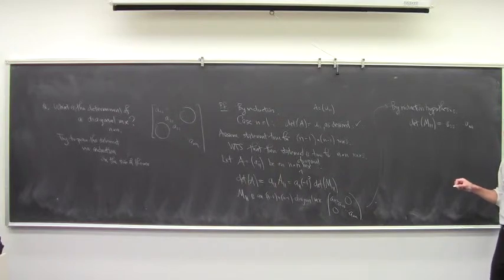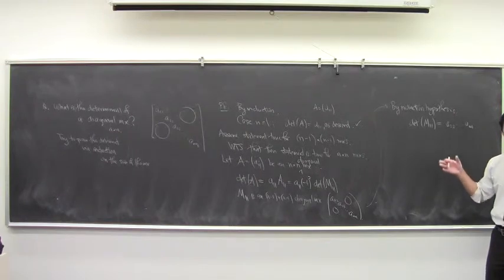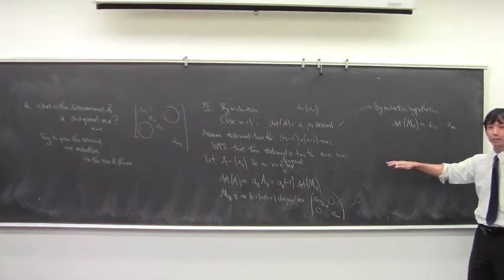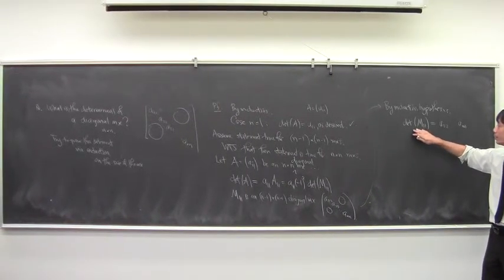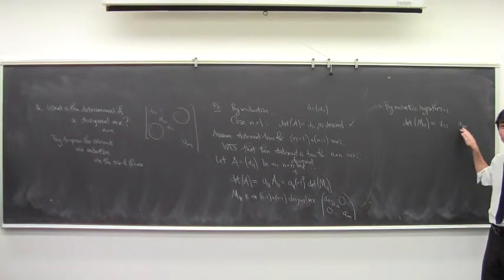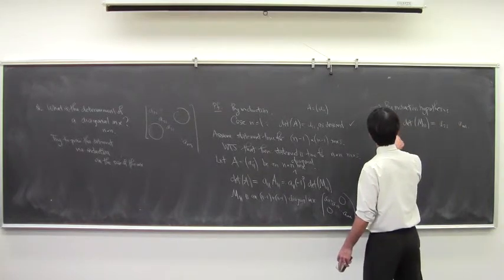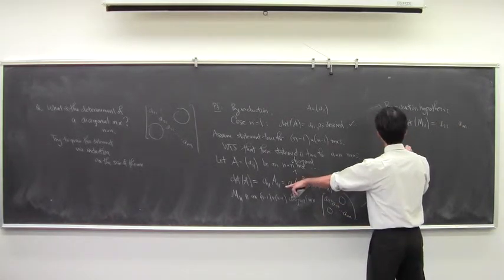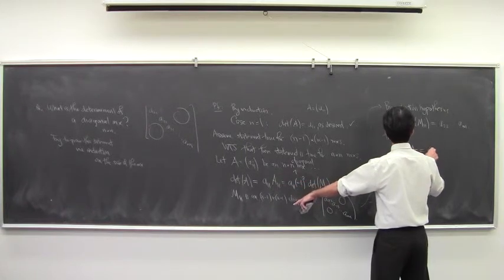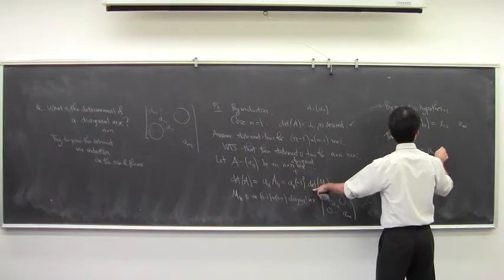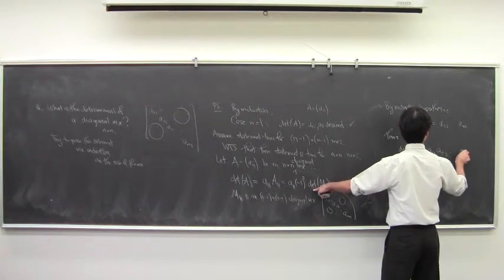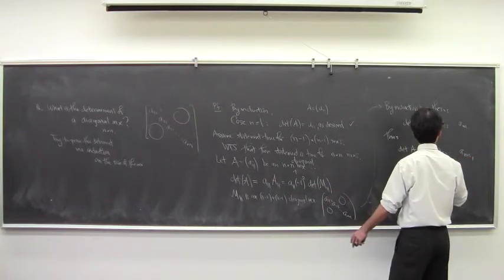Because we're doing this by induction, we assume that the statement is true for n minus 1 by n minus 1 matrices. Well, here's an n minus 1 by n minus 1 diagonal matrix, and so its determinant is the product of its diagonals. And thus, the determinant of A is going to be A11 times 1 times A22 times ANN, as desired.